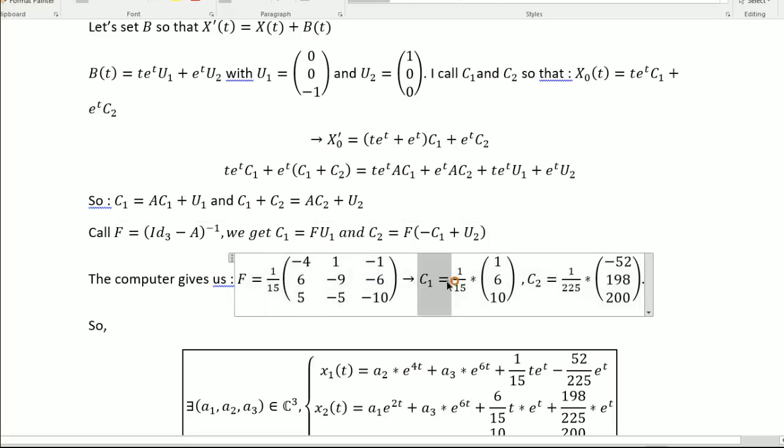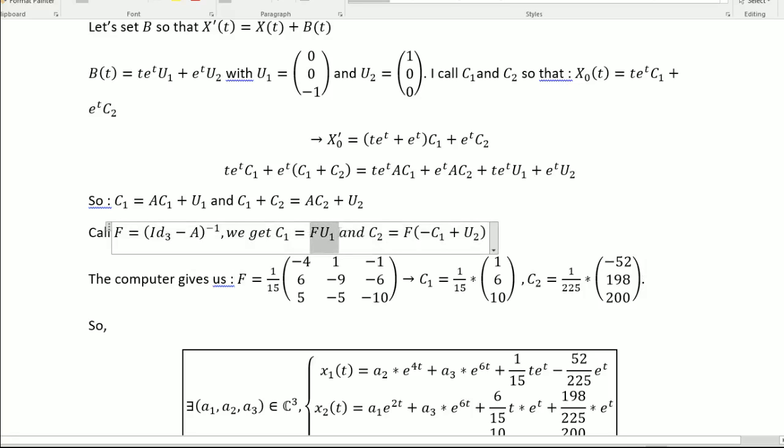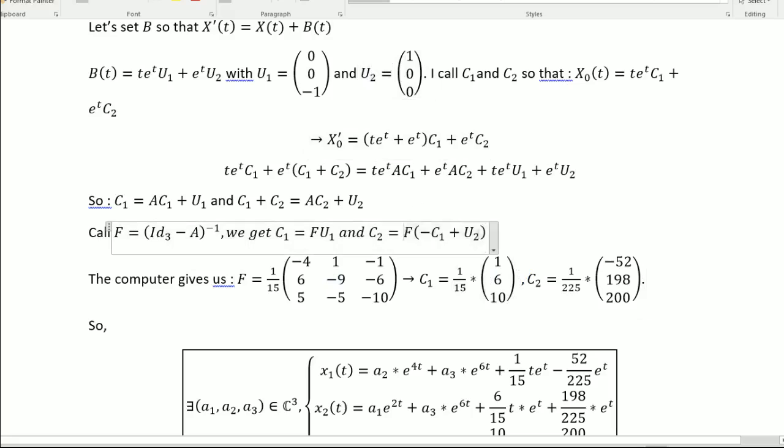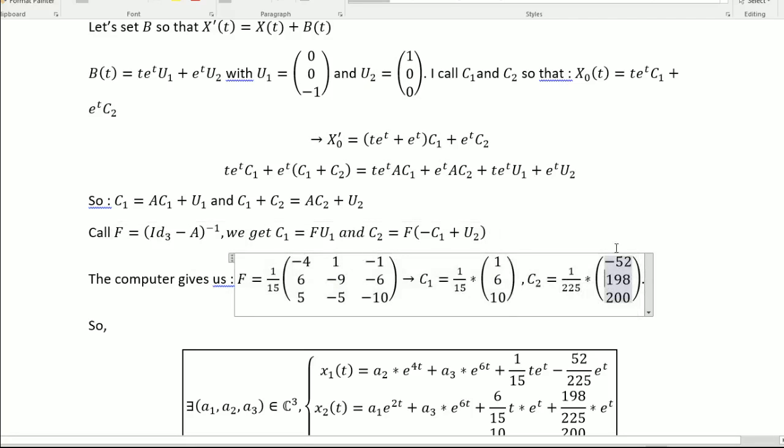So C1 is actually this one minus this one, because C1 is FU1. So you do 0, 0, minus 1 times this matrix, that is equal to this. And for this one, you do U2 because C2 equals F times minus C1 plus U2. So you do that and you get this result.